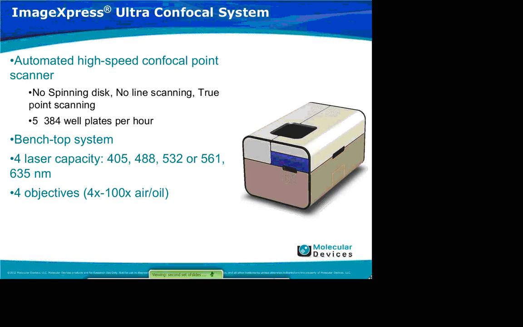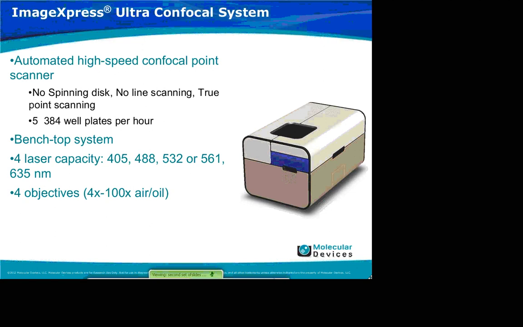I want to give you a little background on the ImageXpress Ultra, since that's the product that Paul has used for this particular screen. It is an automated high-speed confocal point scanner. It's not line scanning, it's true point scanning. With an optimized assay, typical assay in-house, we can probably collect 5 384-well plates an hour. That's one site per well.